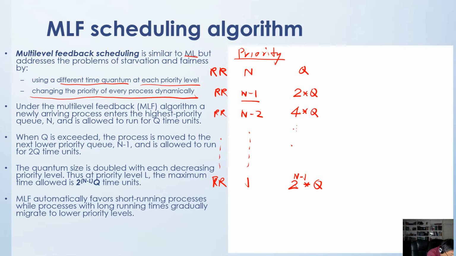Yes, I think so. So this is the first queue, which supports round robin with time quantum Q. And this is the second queue, which also uses round robin, but supports time quantum 2 times Q. And the third one, 4 times Q. Okay, and here's the CPU.